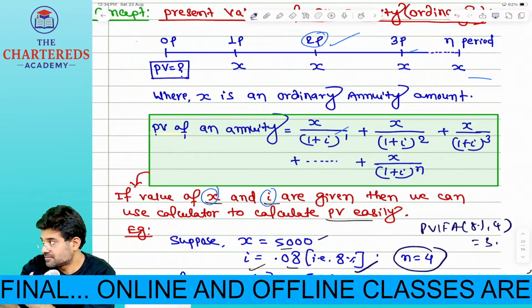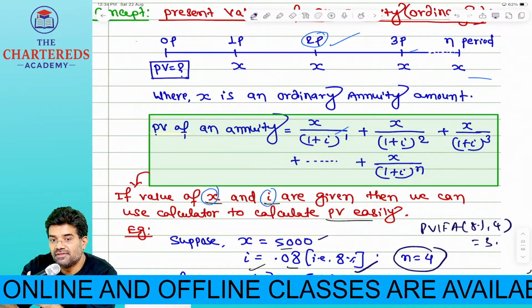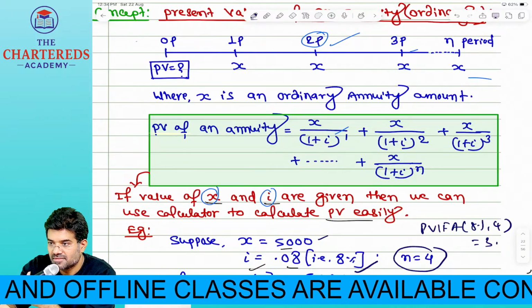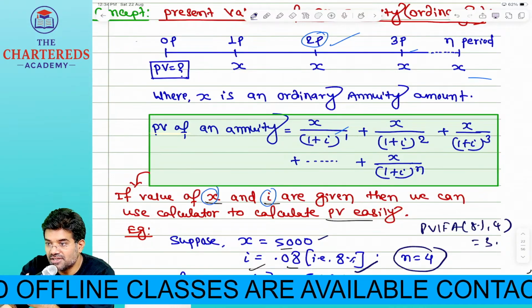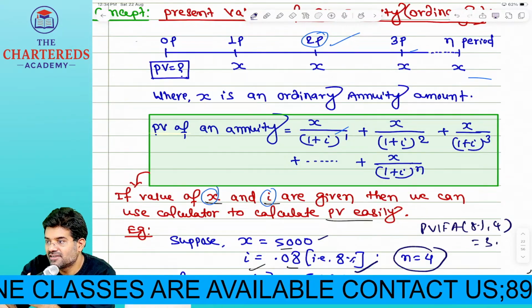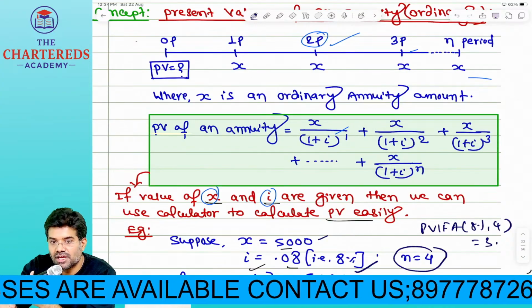Here, we are assuming that every year rate of interest is same. But rate can change or not. In that case, how to do it? That case also I've covered here.